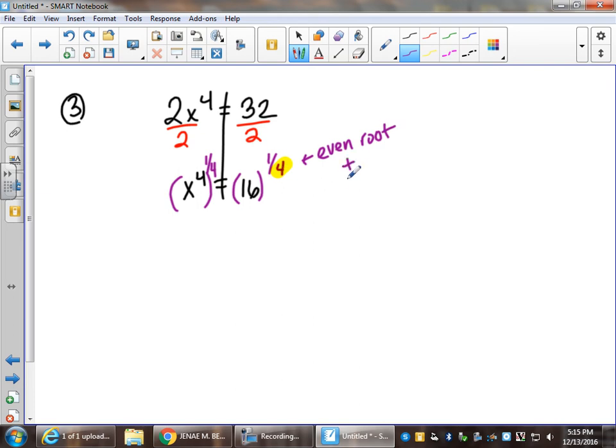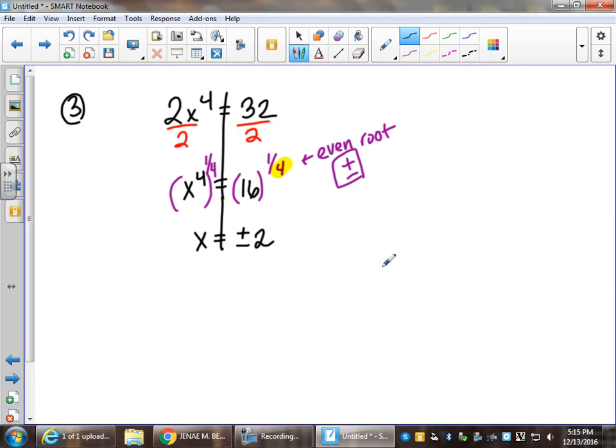So I know I will expect to get a positive, negative answer here. 4 times 1/4 is just x. From my chart, I know that the fourth root of 16 is 2. So positive, negative 2.